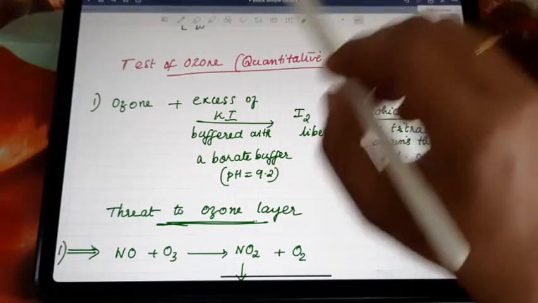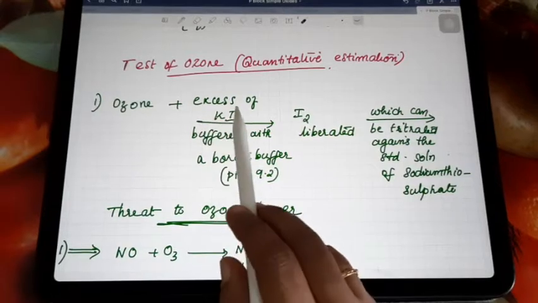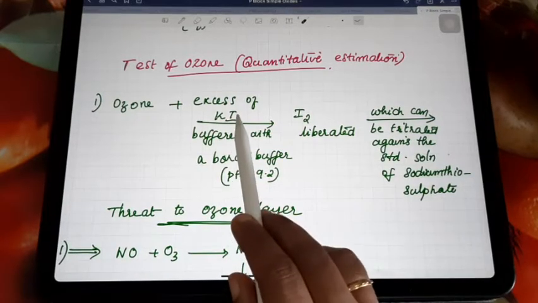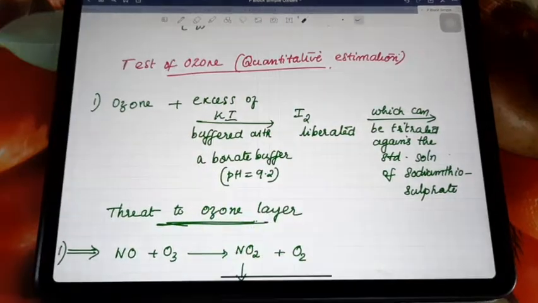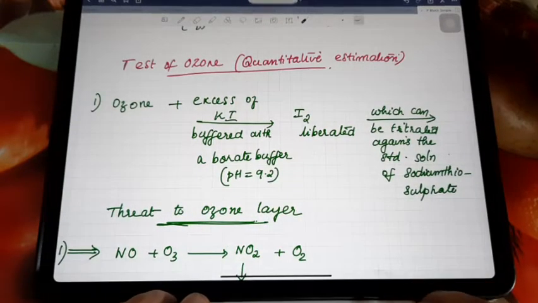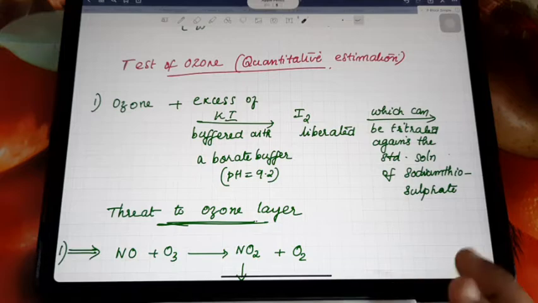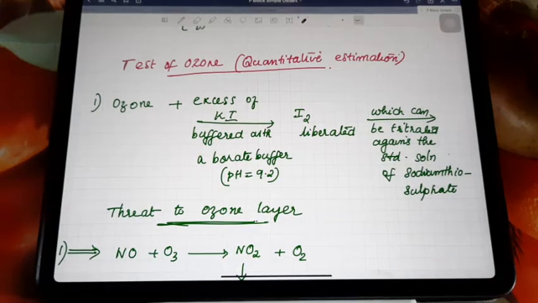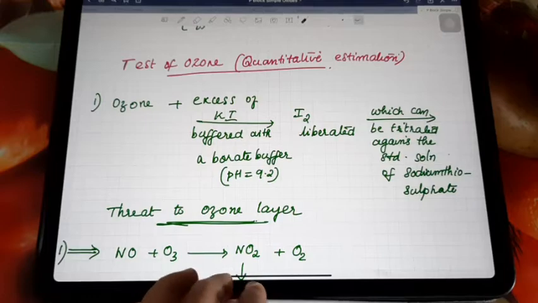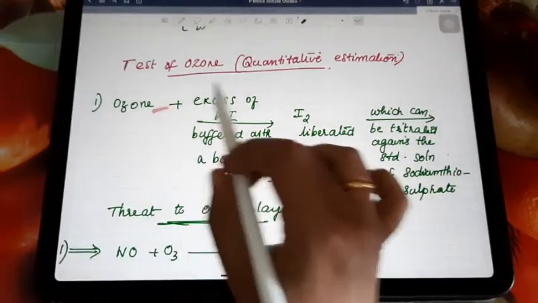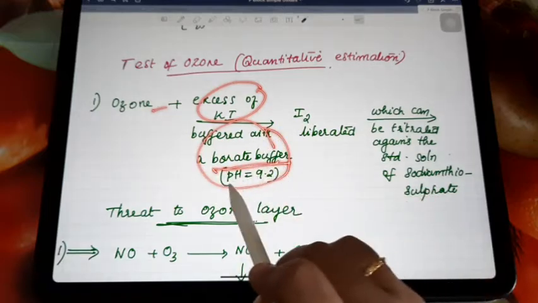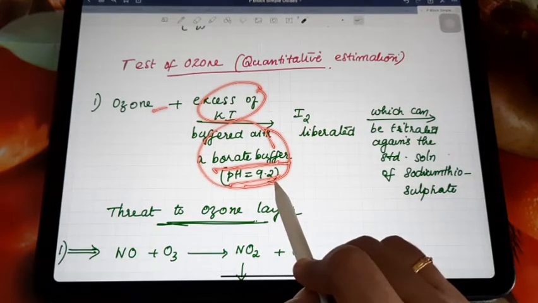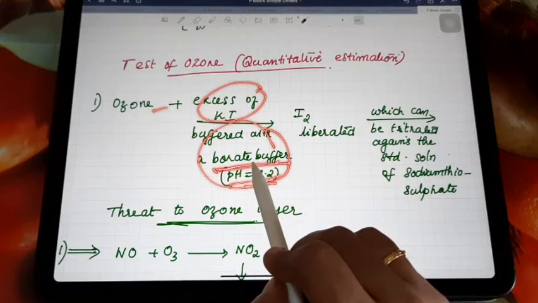In that method, ozone is treated with excess of potassium iodide, and you have to add a buffer solution, a borate buffer at pH equal to 9.2. So ozone with potassium iodide and a borate buffer solution at pH 9.2.